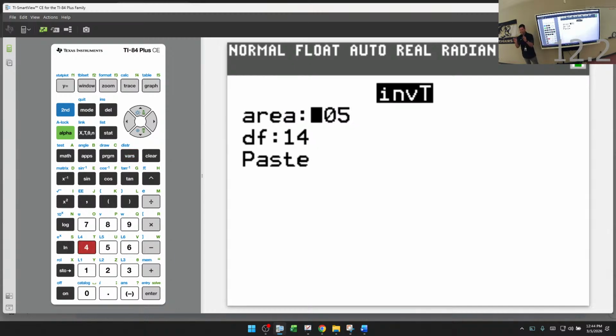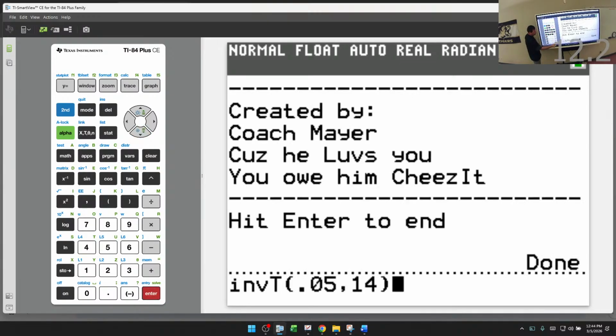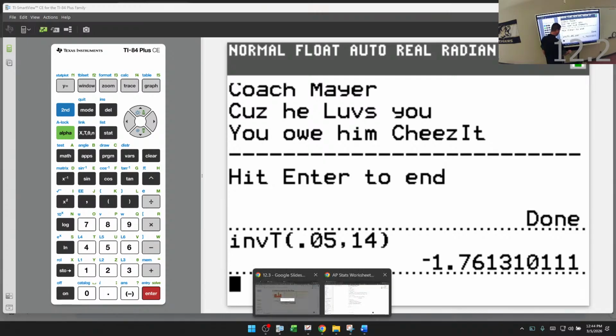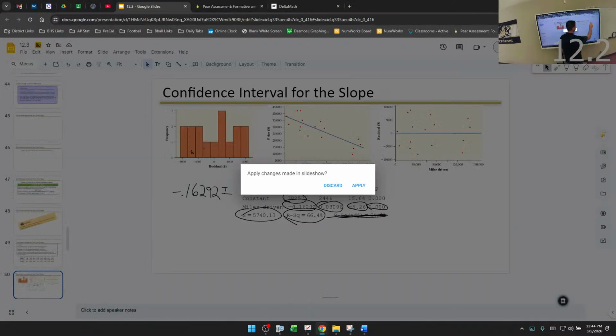Remember, 90 is the middle. 10 left over means there's 5 on the left-hand side. So you've got to use 5 to get that same 1.76. You should know all that stuff. Hopefully that's just a reminder.